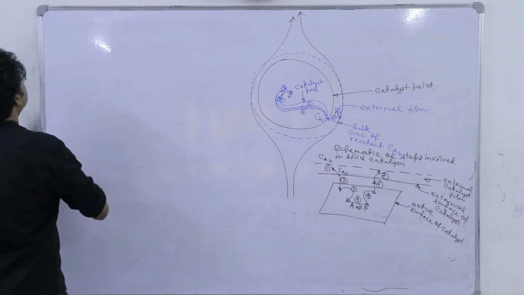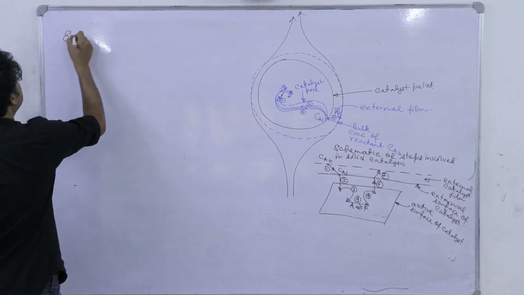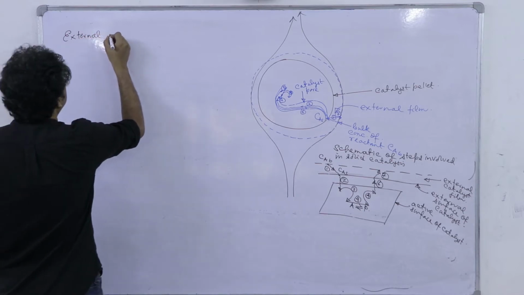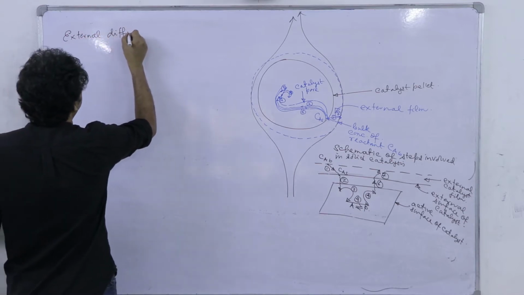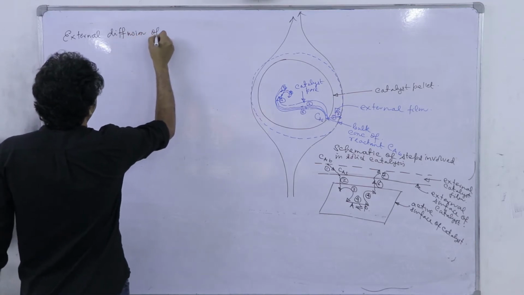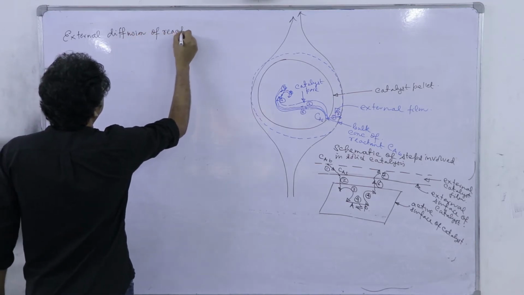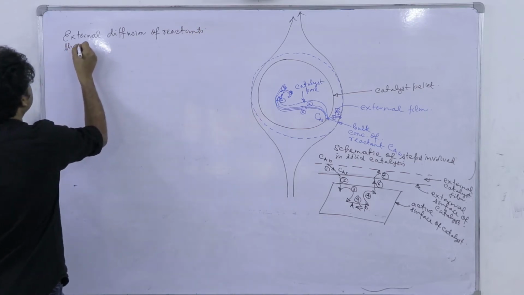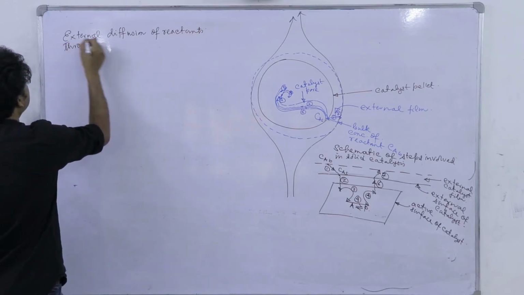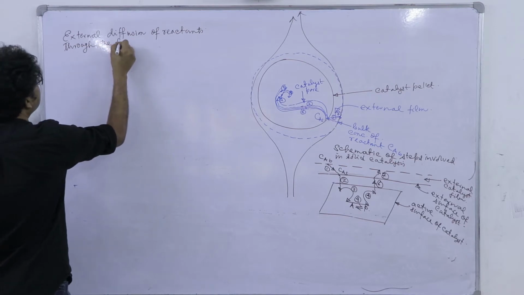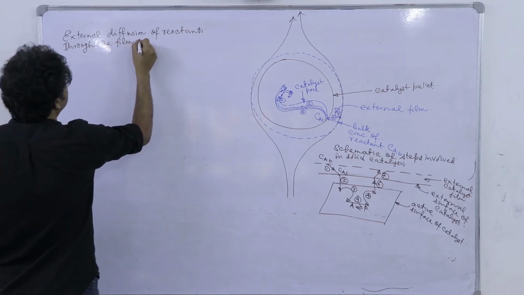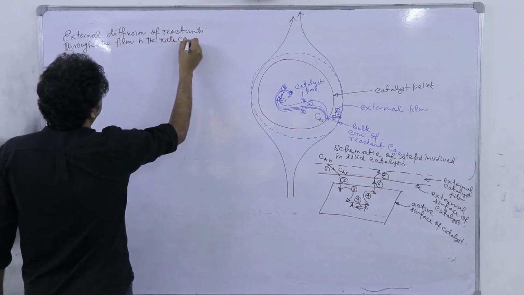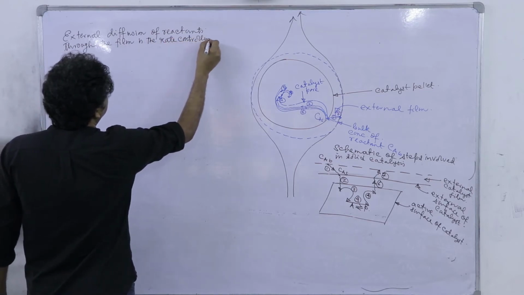So, here external diffusion of reactant through the film is the rate controlling step.